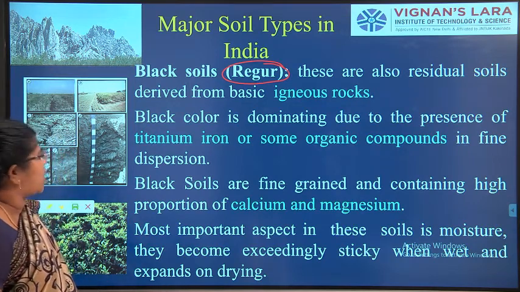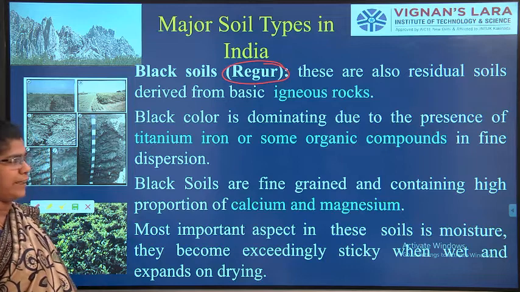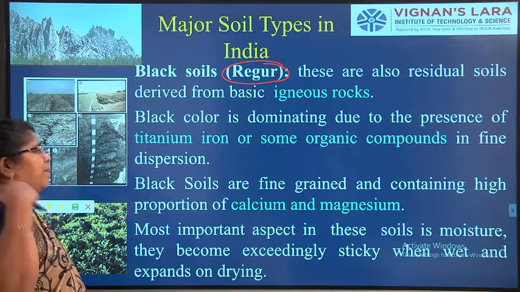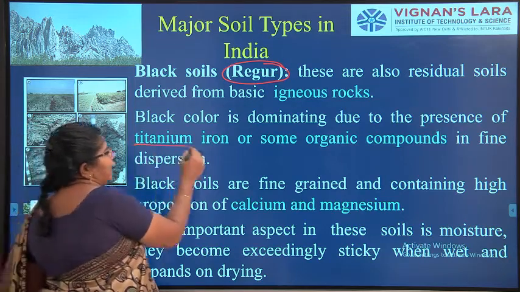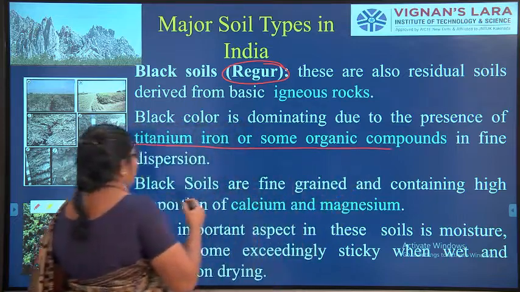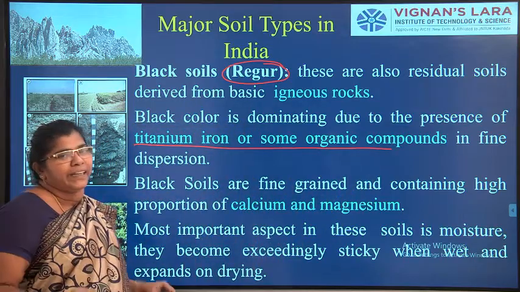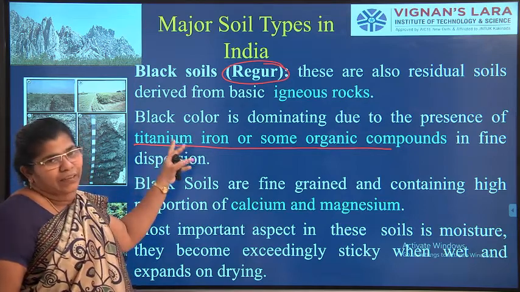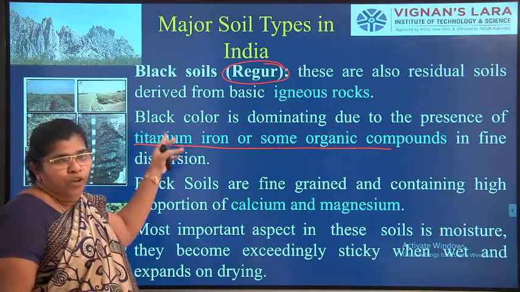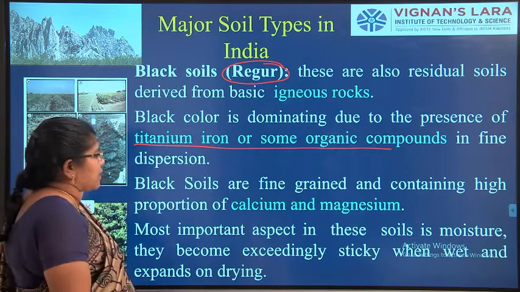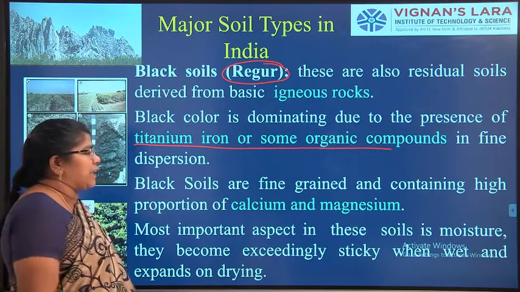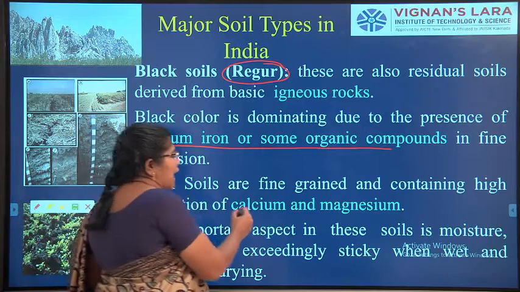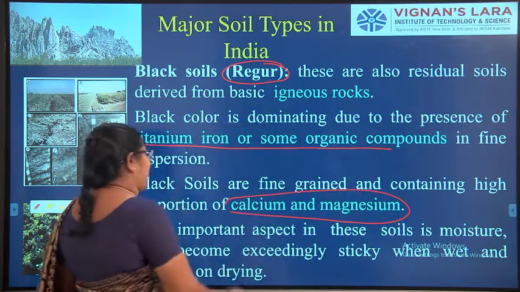These soils are derived from basic igneous rocks and contain titanium, iron, and some finely dispersed organic compounds. Due to the titanium oxide and the excess iron, the color is black, but it also has high calcium and magnesium content.